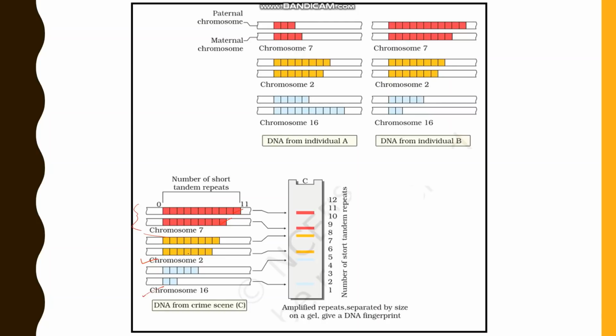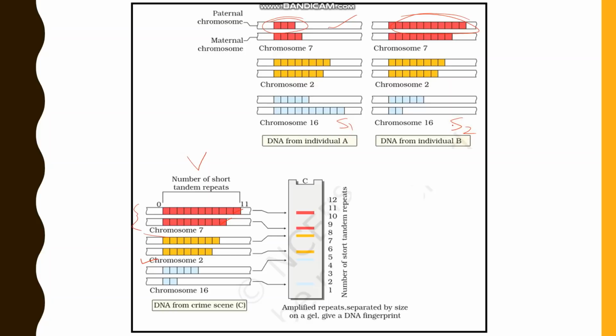Even in the victim sample, we are using the same chromosome, but the length of the VNTR sequence varies. You can see here there is a variation in the length of the VNTR sequence in this chromosome as well as in this chromosome. So it varies from chromosome to chromosome, not similar. So this is the victim sample, this is suspect 1, this is suspect 2.